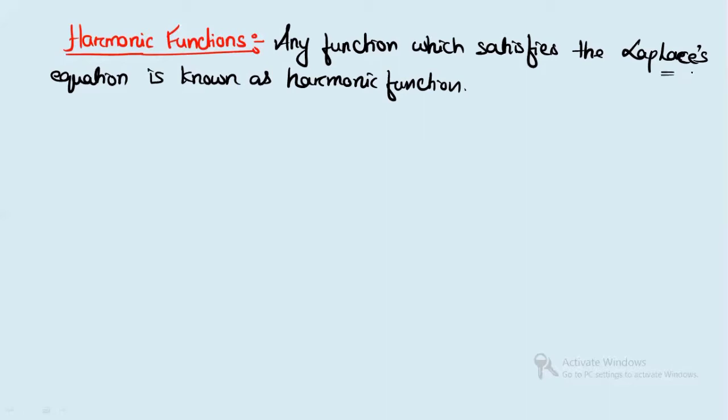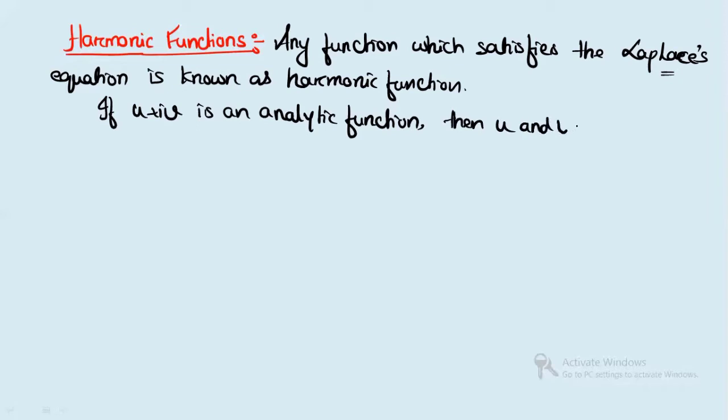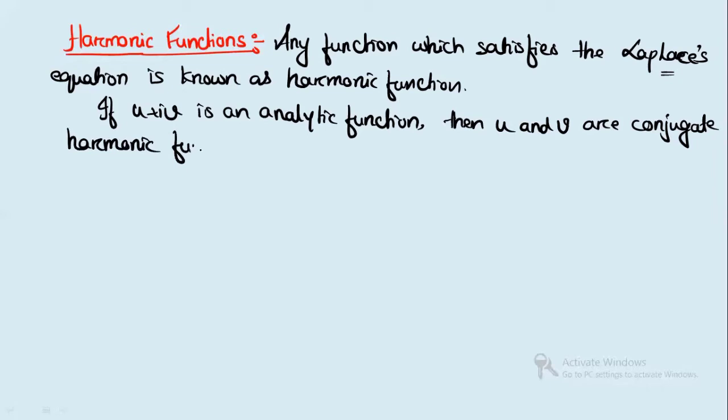Now you see, if you have an analytic function u plus iv, then u and v are the conjugate harmonic functions. So if u plus iv is an analytic function, then u and v are conjugate harmonic functions.